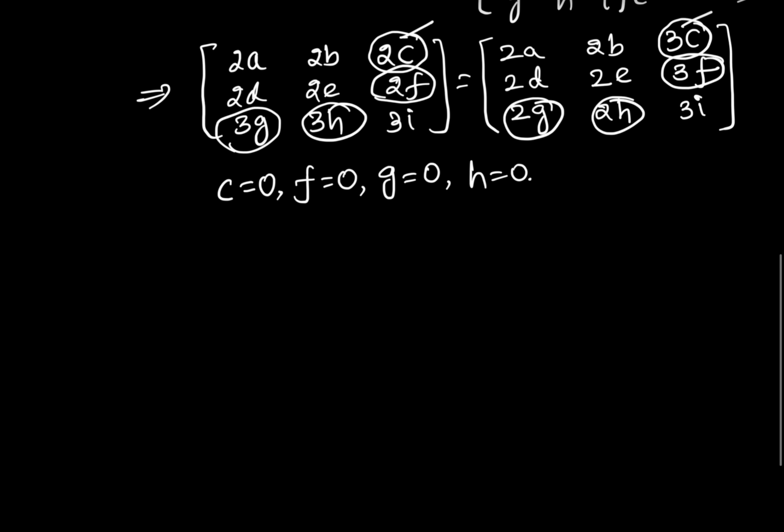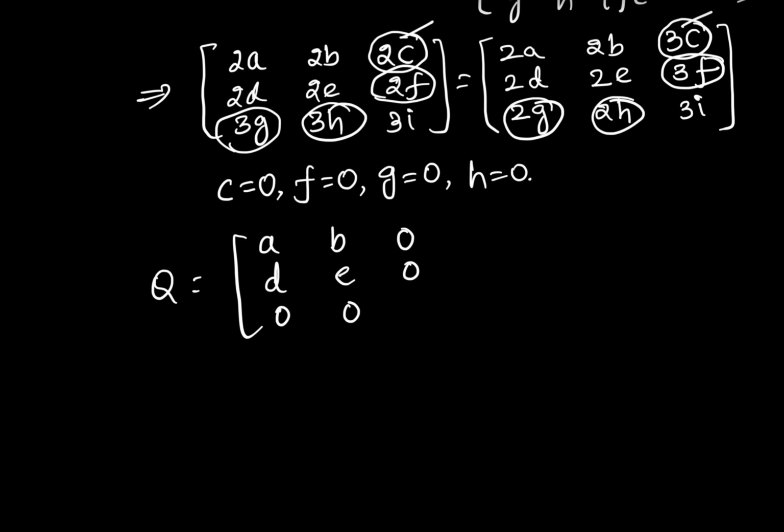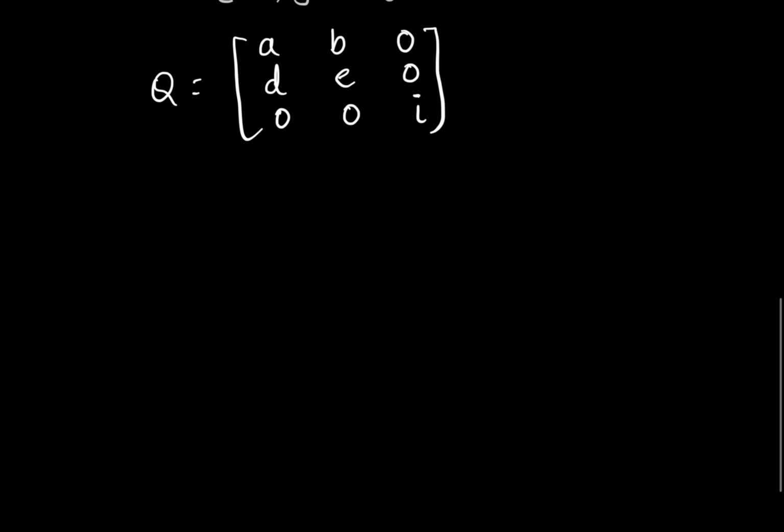Now coming to the matrix Q, there is no change in A, B, 0, D, E, 0, 0, 0, I, right? This is the final matrix Q, and they have given one more condition that it has to satisfy Q into Q transpose equal to I, which is given as Q inverse equal to Q transpose.